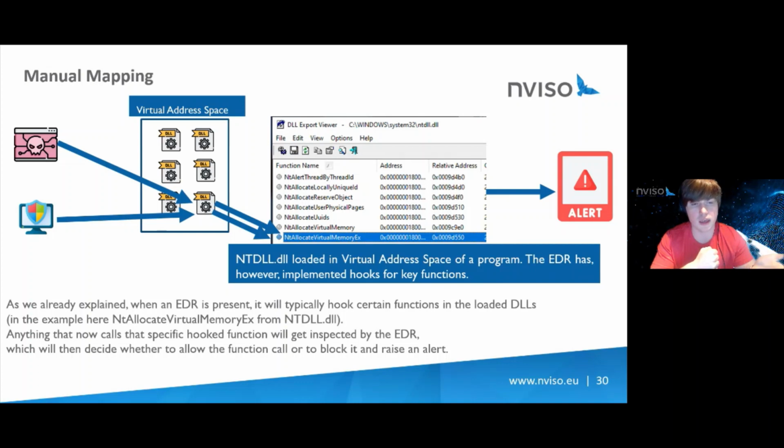The EDR solution will see that it's being called, it will inspect the call, see that it's doing something fishy, and trigger an alert. That's how it works in a nutshell. Obviously, it's a bit more complex than that, but I just wanted to show it like this because it should be understandable to most people, no matter how in-depth your technical expertise is. So that is the normal behavior.